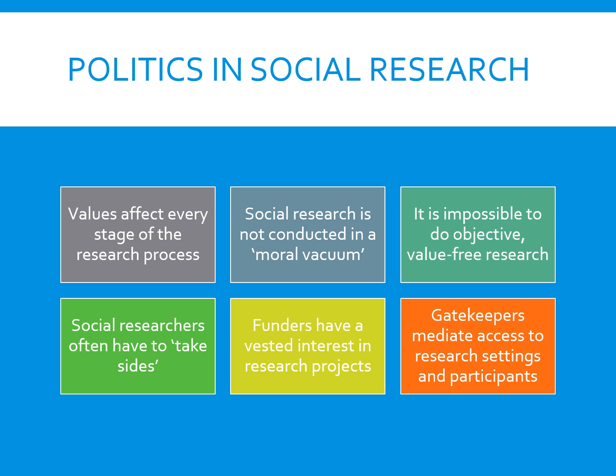We're going to unpack this flow chart type of slide on the next slide, but it's just covering all of the different politics in research that's involved. And I think the takeaway is that research is not conducted in a moral vacuum, and it's basically impossible for all of us to really do objective value-free research.